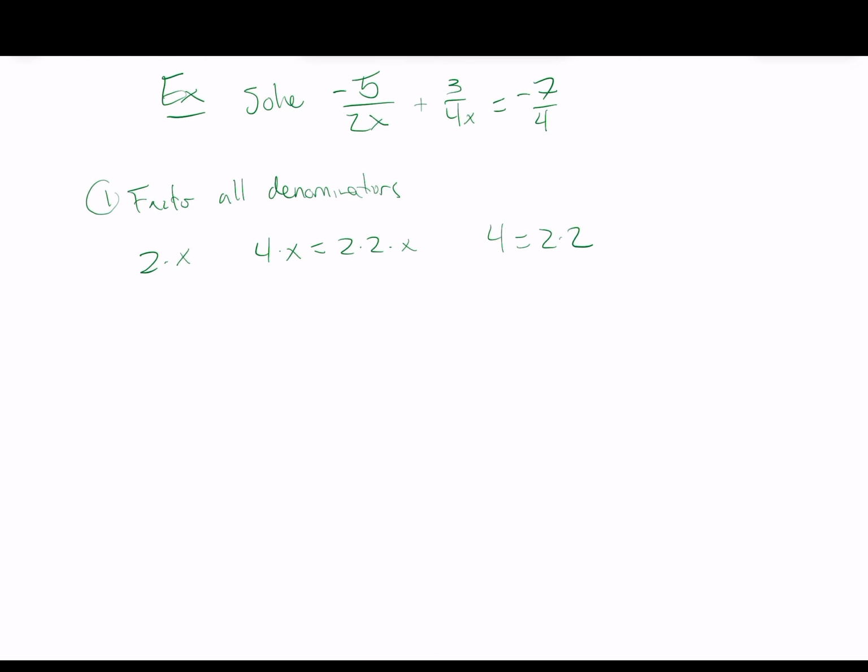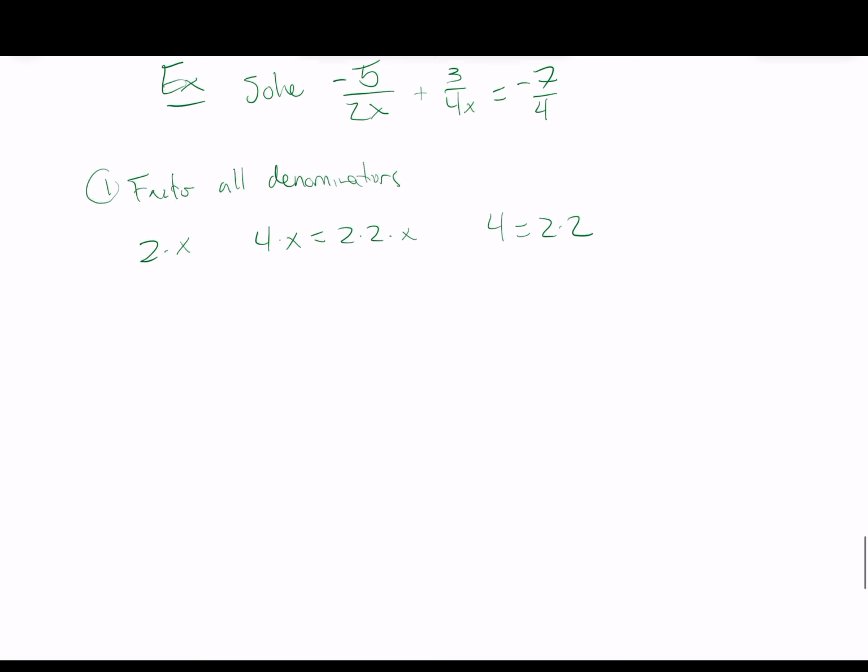Well, in this case, the only thing that will cause the denominator to be 0 is in this 2x, where x is equal to 0, in the 4x, where x is equal to 0, and those are the only places. So we need to, under step 2, exclude the value x equals 0 from consideration. Okay.